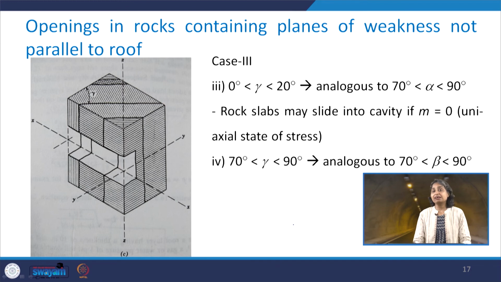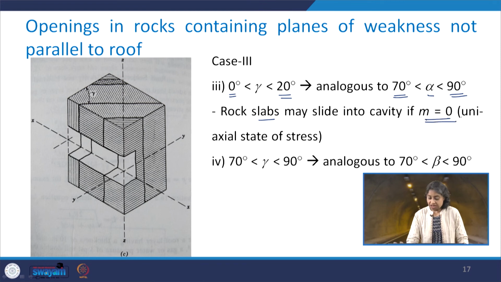If the angle gamma varies between 0 degree and 20 degree, this case is analogous to case 1 where alpha was varying between 70 degree and 90 degree. In this case, the rock slabs may slide into the cavity for the uniaxial state of stress, that is when m is equal to 0, and accordingly you have to provide the corresponding support system.